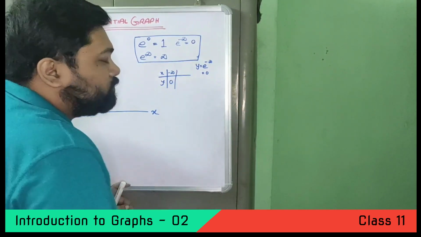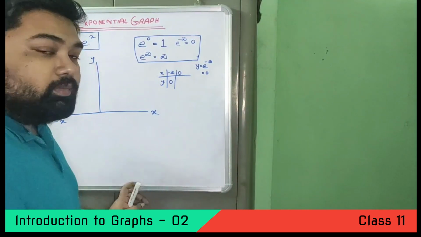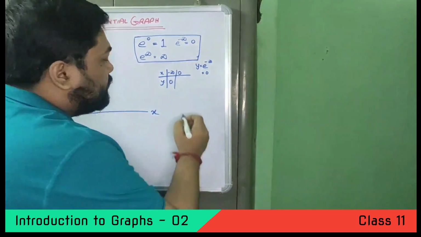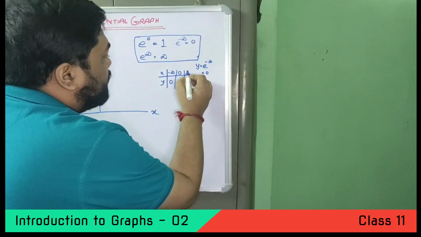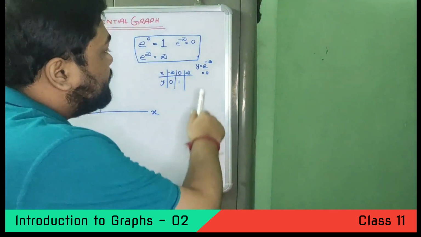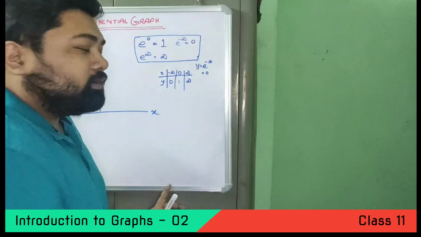So the value of y will be 0. Now if I put x equals 0, what will be the value of y? The value of y will be e to the power 0, and its value is 1. And finally if I put the value of x as infinity, the value of y will be e to the power infinity, and its value is also infinite.